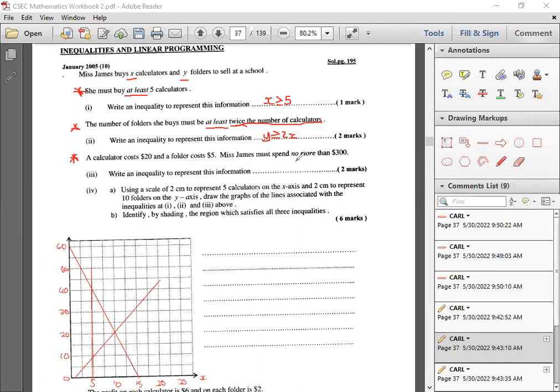Let us understand this. No more than, what does this mean? No more than means it must be less than or equal to. So when you see no more than, it's less than or equal to $300.